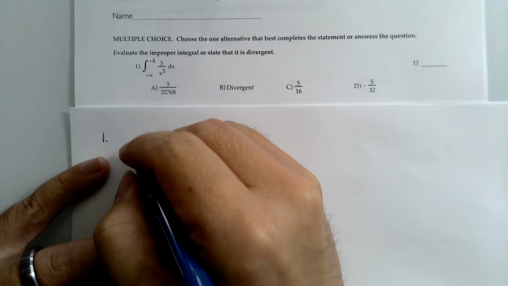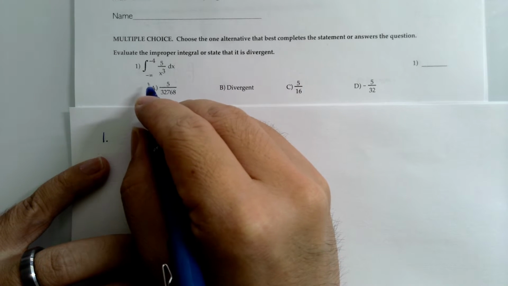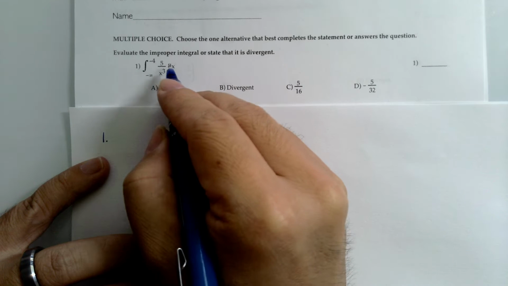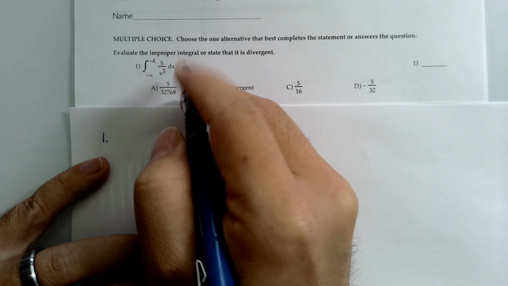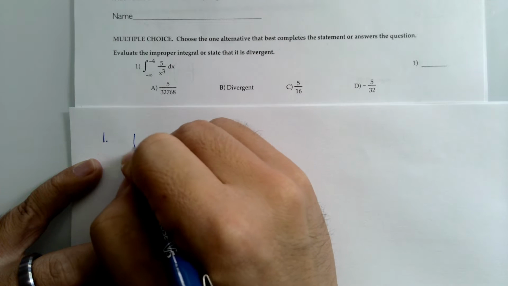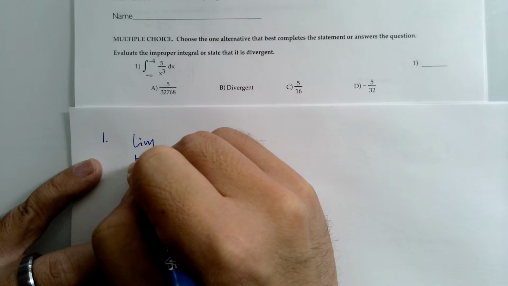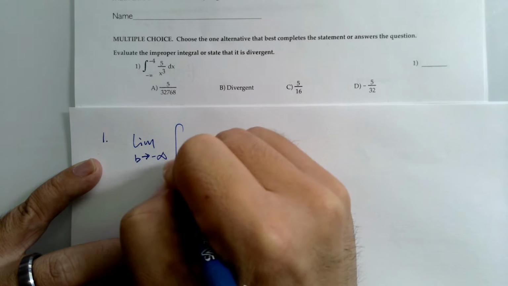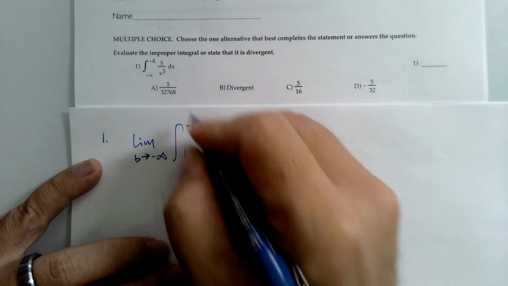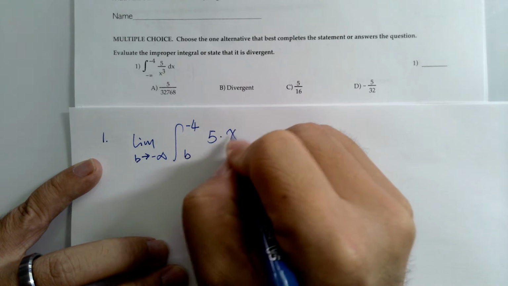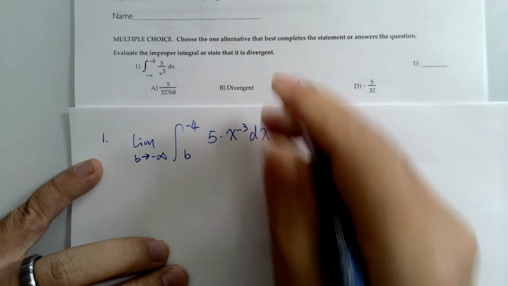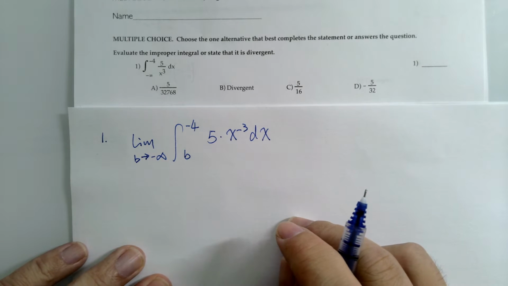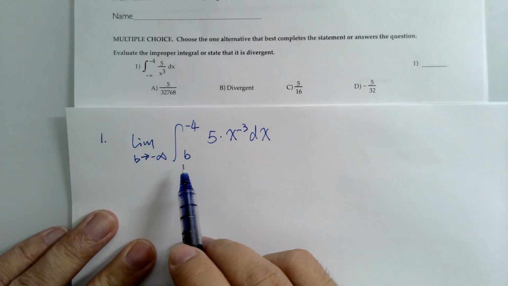What we can do is, from negative infinity to negative 4, 5x over x cubed dx, transform this problem into a limit problem, and that's all it is.